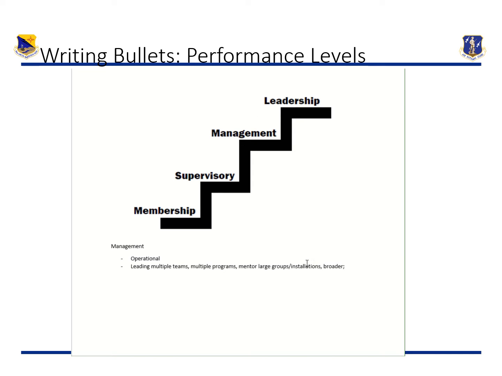When you look at impacts at the management level, typically, again, using the reference of job expectation, you're going to see more senior NCOs performing at the management level. We're definitely looking for wing, sometimes group, but typically you want to see something that's wing, numbered Air Force, so Air Force level, MAJCOM.